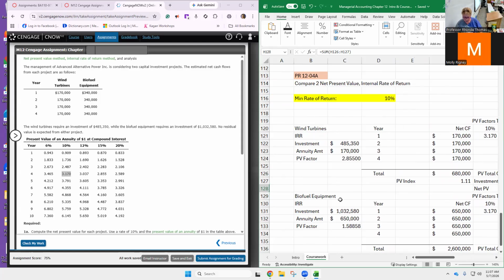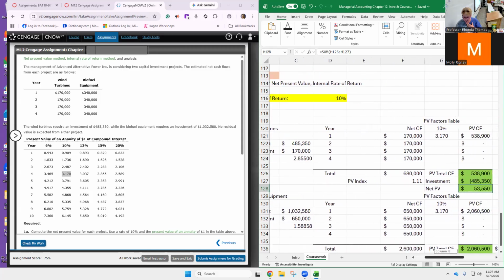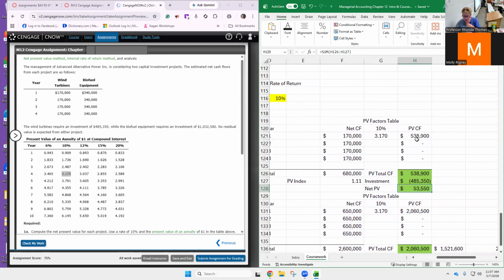Okay, back to where we're at. We're looking at wind turbines and biofuel equipment. We're trying to come up with a present value for the cash flows of each of these projects. The good thing is we've got an annuity going on here. So all we need to do is calculate this once to get this number.